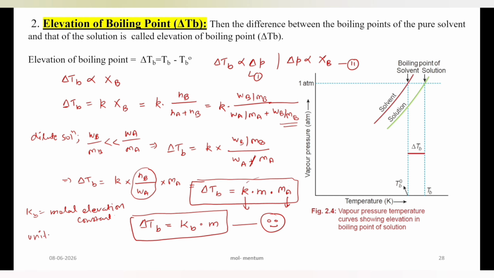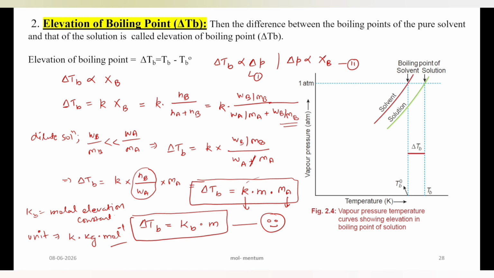The unit of Kb is Kelvin kilogram per mole, Kelvin kilogram per mole, mole inverse. So this is all we need to know about this elevation in boiling point part.